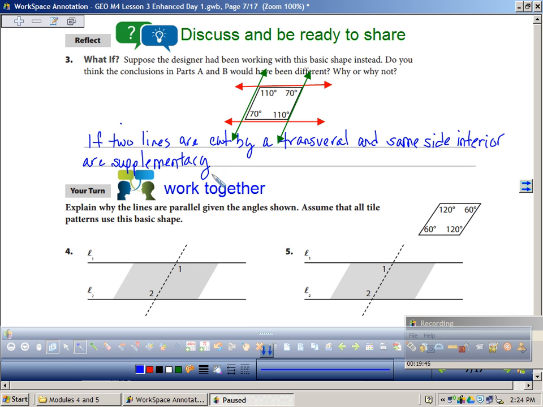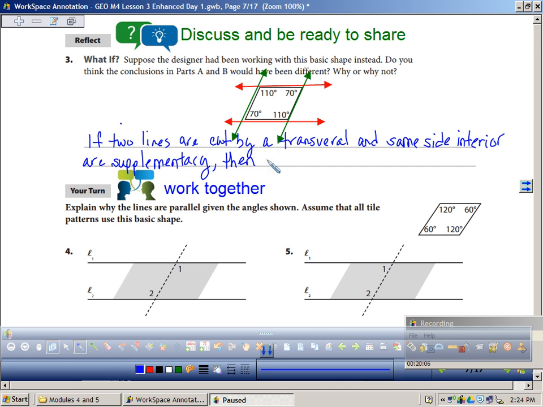That's a long if, huh? If two lines are cut by a transversal and same side interior angles are supplementary, then, oh, my comma should have come after the then, huh? No. What's before? Is that right? Yeah, you were right. Then, what?